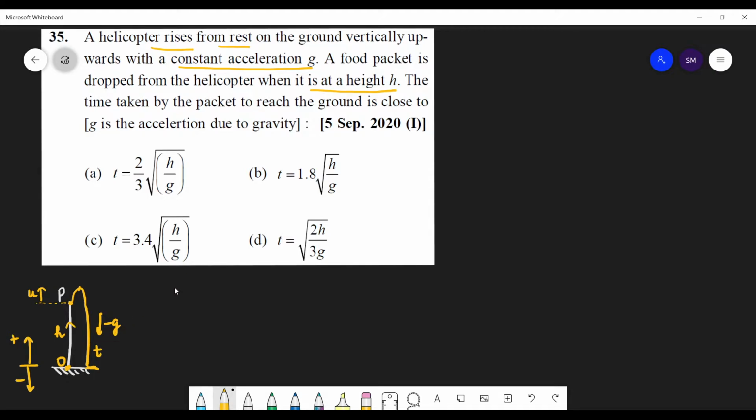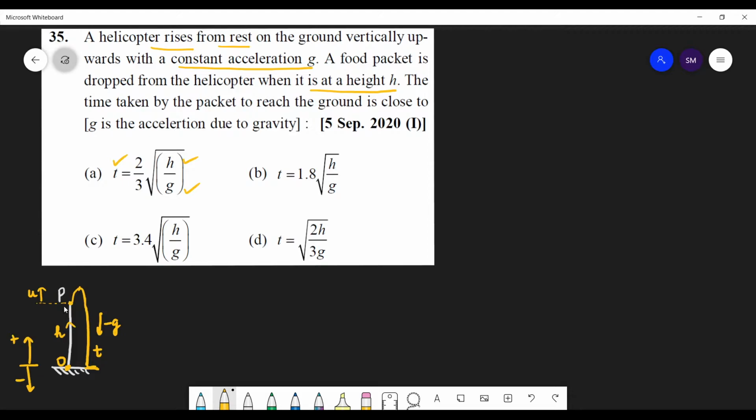So students, what do we have to prove? We have to find the relation between T, H and g. Okay. So the equations that we have: here your initial velocity is 0, right?